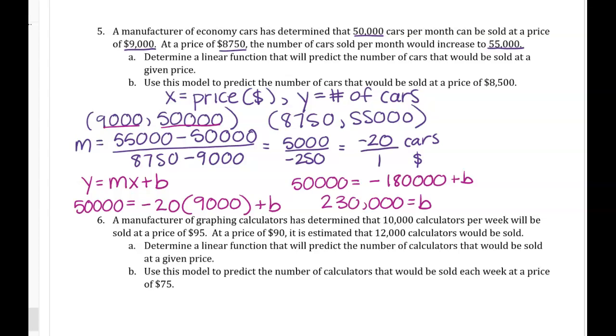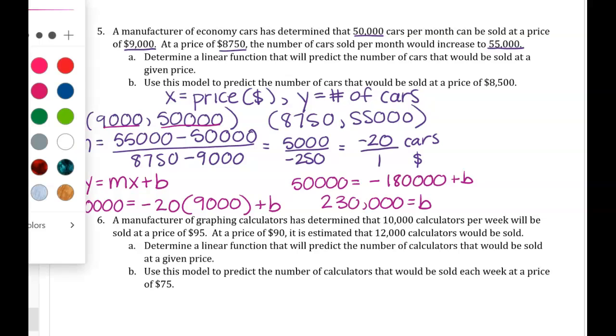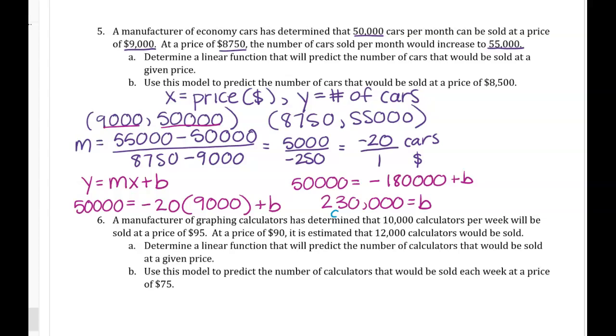The model kind of falls apart, but as far as our equation, we can still do that. So again, our y-intercept in terms of cars. So now our equation is y equals -20x plus 230,000.